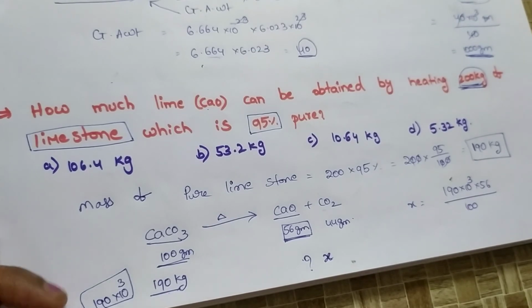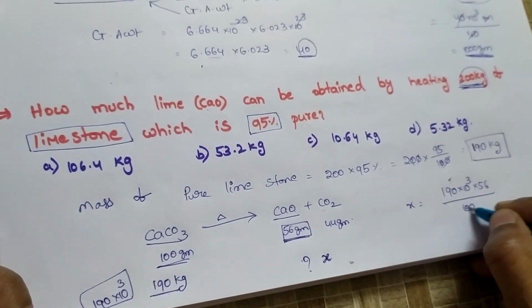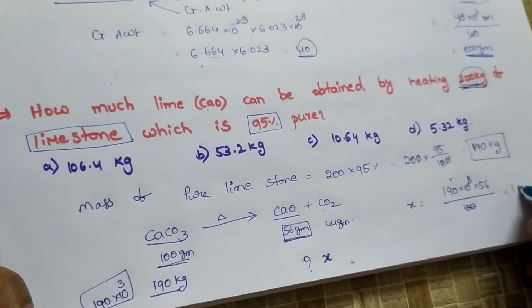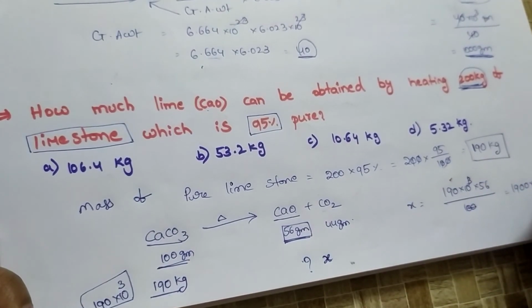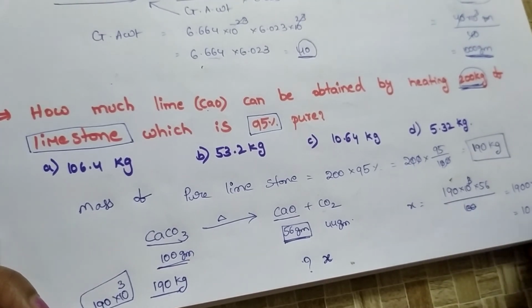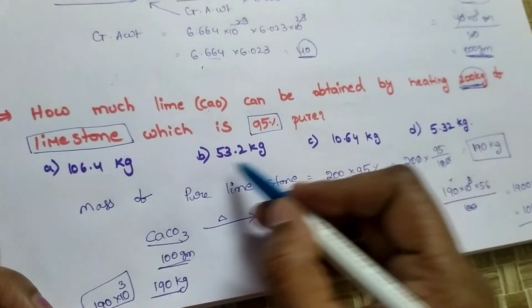Got it? So these two zeros and here two zeros will get cancelled. So 1900 into 56. If you calculate this, you will get 106.4 kg. We can get it in kgs, but here he asked for kgs.